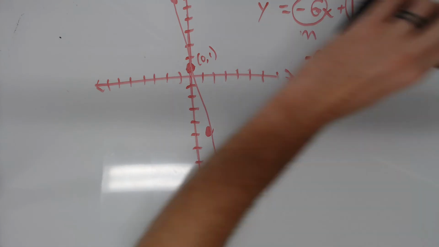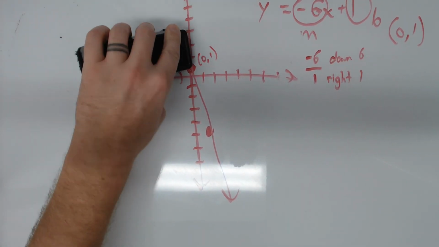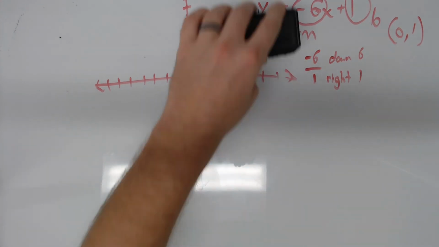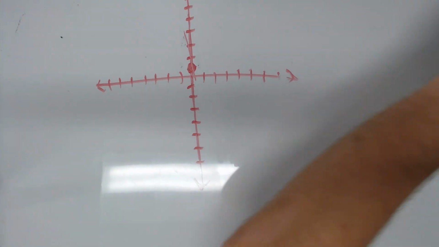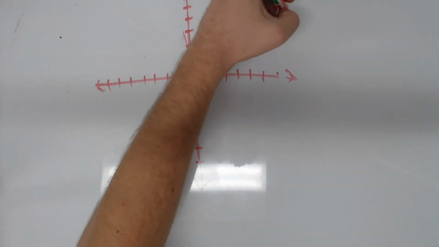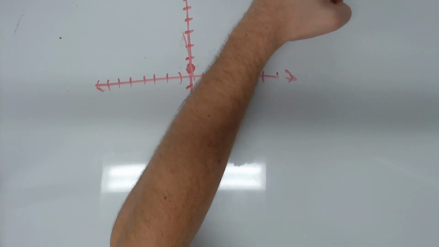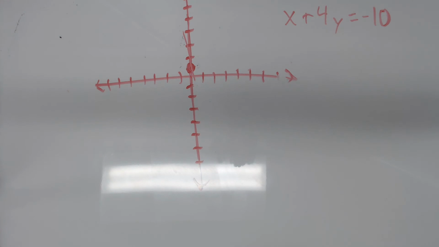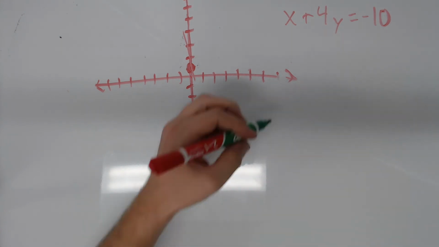Occasionally you'll have other types of problems that aren't initially in this form. So there's another example on this same page that looks like x plus 4y equals negative 10. Well, we just get y alone. It's not too bad.